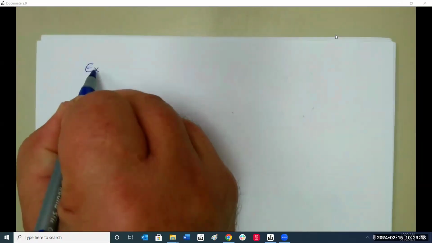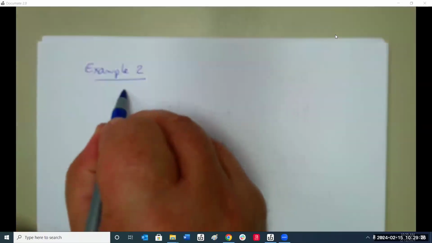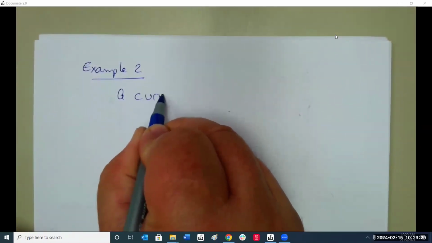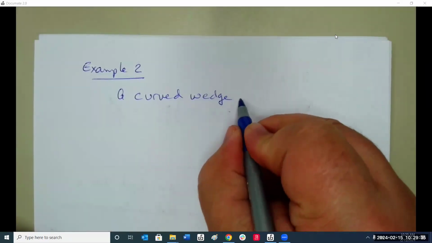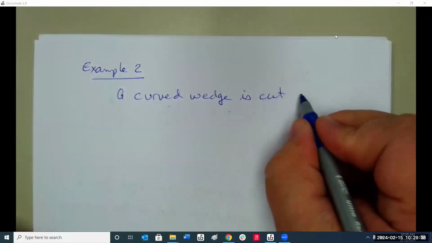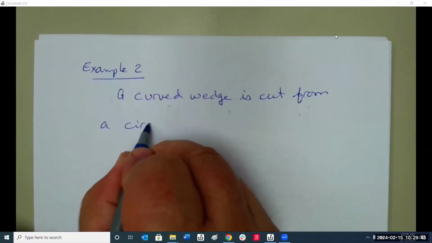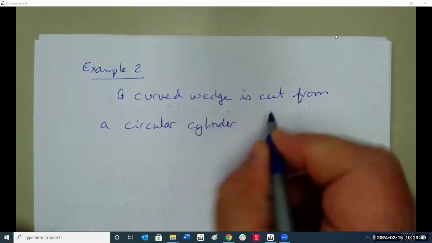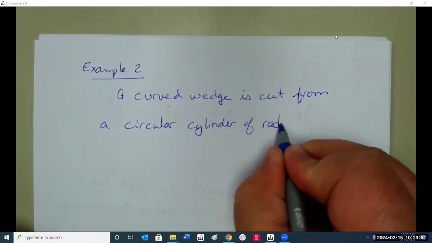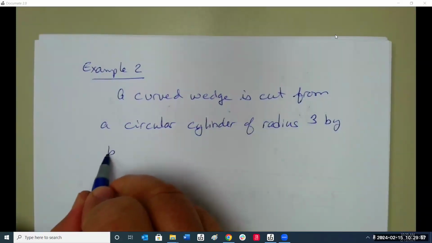Example 2. A curved wedge is cut from a circular cylinder of radius 3 by 2 planes.